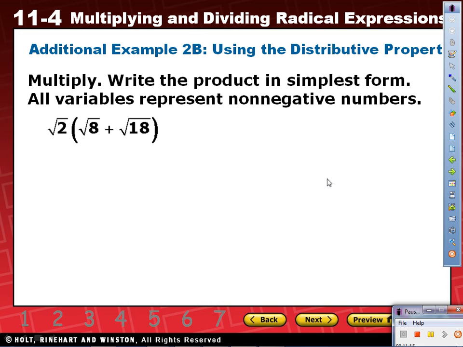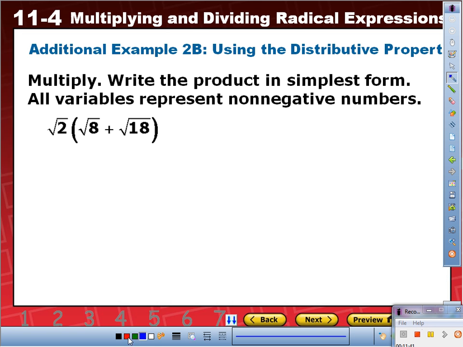Example 2b. Multiply. We got square root of 2, parentheses, square root of 8, plus square root of 18, close parentheses. So by looking at it, let's do this one together. Do we have any coefficients? Well, the only ones are ones, right? But all of them are radicals, right? So on this one, we will be able to multiply radicals times radicals.